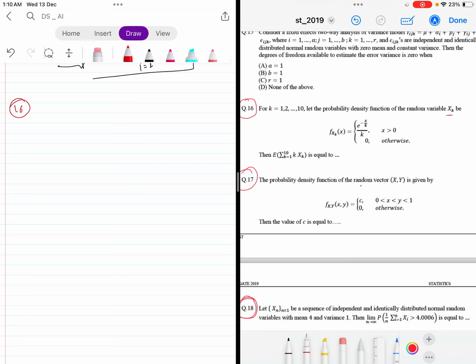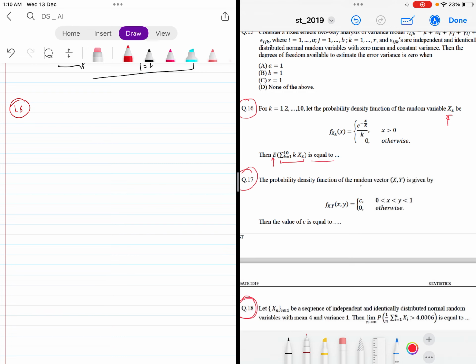So we have the probability density function of each sample xk, that is x1, x2, x3 up to x10. Then we have to find the expected value of this.